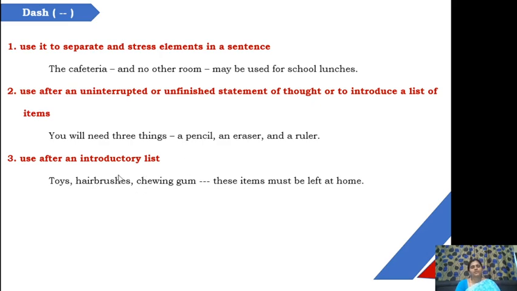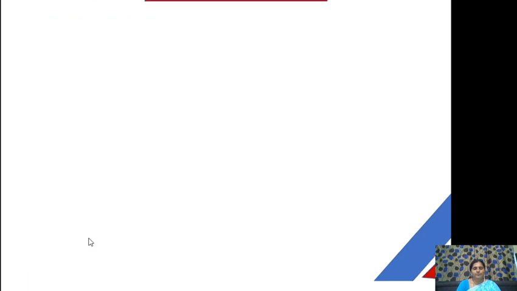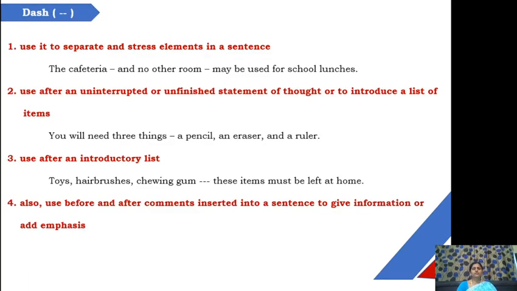So when we give an introductory list also, after the list, we keep a dash. Also use before and after comments inserted into a sentence to give information or add emphasis. So we use these dashes before and after the comments when they are inserted in a sentence to give more information or to add emphasis.